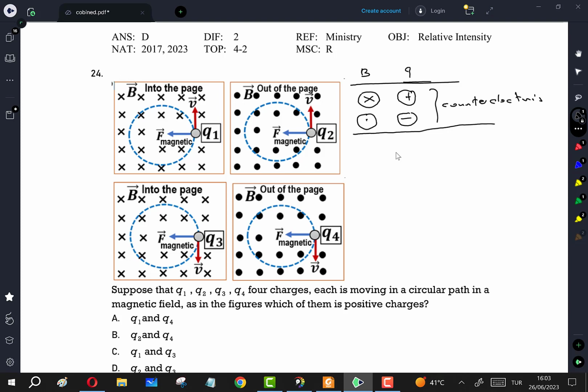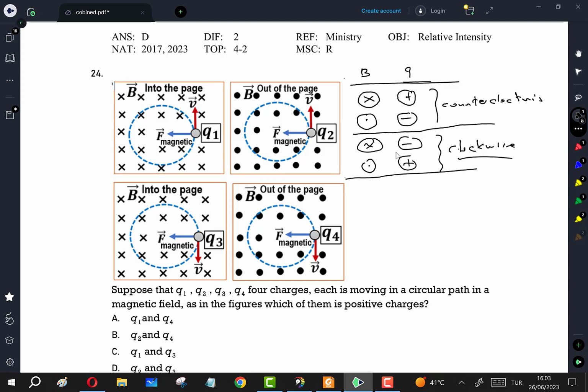But if the magnetic field is cross, charge negative, or the magnetic field is dot, charge positive, these are the unsimilar ones, clockwise. This is always correct. So now let's check the first one, Q1.